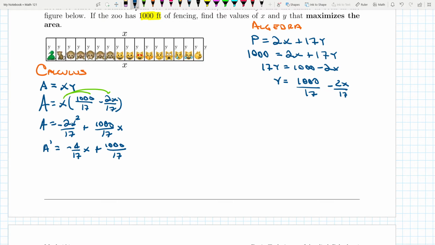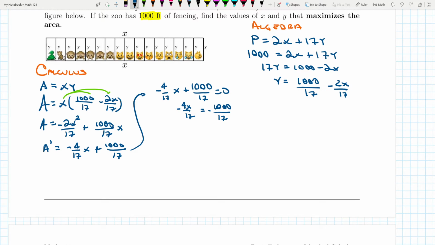All right, so let's set the derivative equal to 0: negative 4 over 17 x plus 1000 over 17 equals 0. Let's solve for x. Negative 4x over 17 equals negative 1000 over 17.